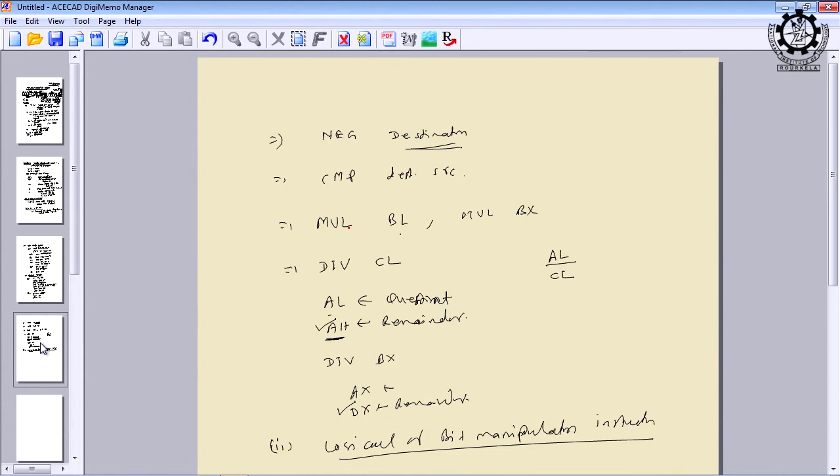but MUL remains constant, the opcode remains constant and the operands may vary. So, based upon that we have a number of instructions associated with the multiplication instruction that you can verify from the book by Douglas Hall, or on the net also you can find, but mostly you will find an exhaustive set of instructions for 8086 in the book by Douglas Hall.